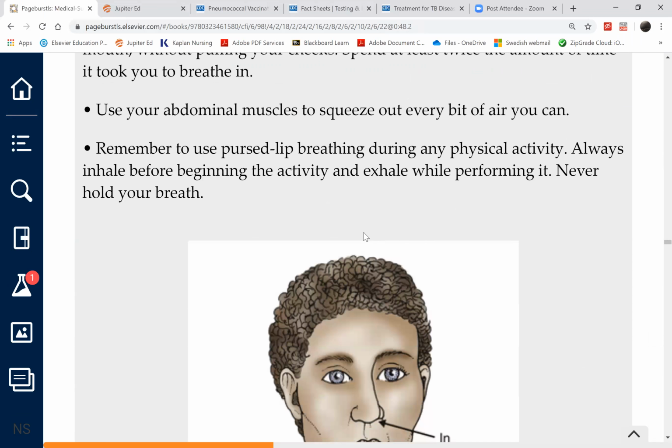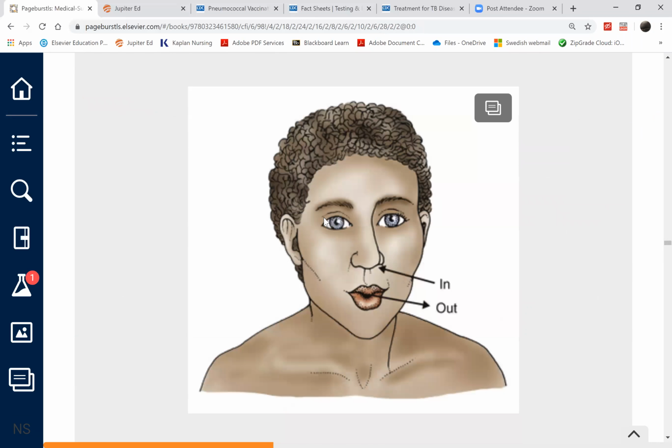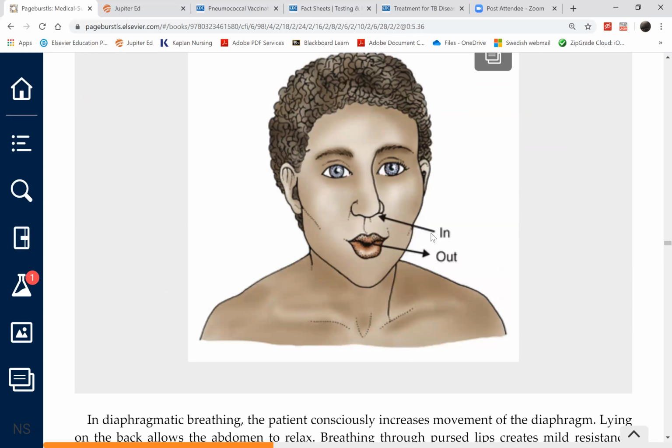So in pursed lip breathing, if you follow the instructions here, this ends up prolonging the exhalation phase of the breathing, of ventilation, sorry. Normally the inhalation to exhalation ratio is 1:1 or 1:1.5. That means seconds, okay? Meaning it takes 1 second to inhale, 1 second or 1.5 seconds to exhale.